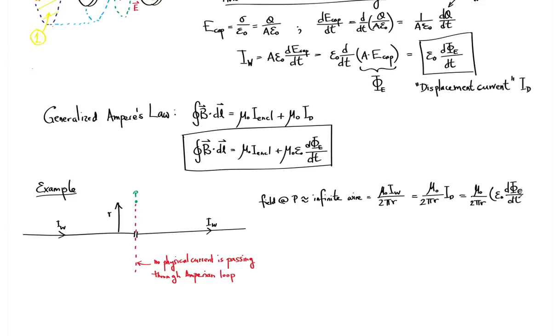So hopefully I've convinced you that even though there is no actual real current flowing through this gap, when you're really far away, you don't even notice there's a break there. So this thing's got to behave pretty much like an infinite wire.